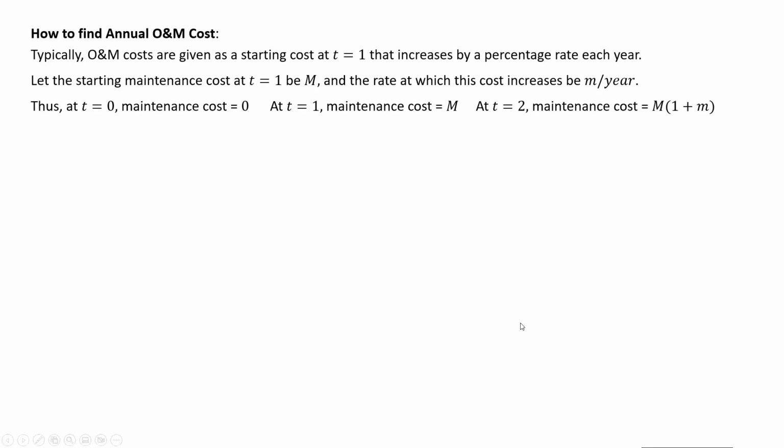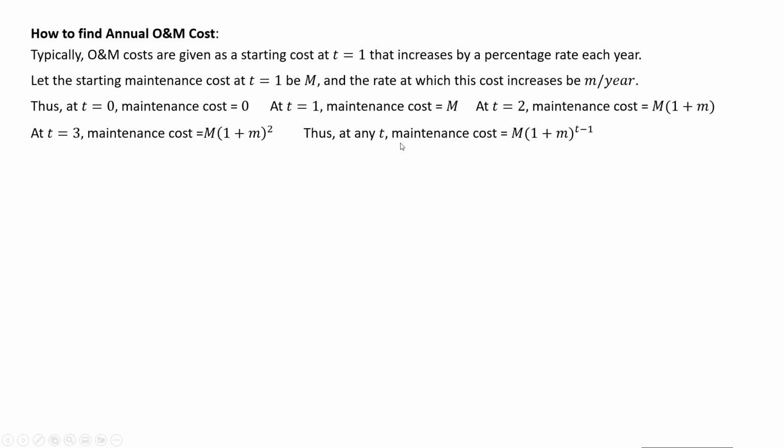The maintenance cost at t equals 2 is M times 1 plus m, and maintenance cost at t equals 3 is M times 1 plus m squared, right? And so notice the exponent is 1 less than the t. So for any t, it is M times 1 plus m to the t minus 1. So this is the maintenance cost.